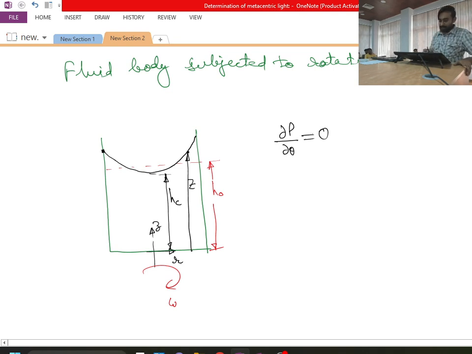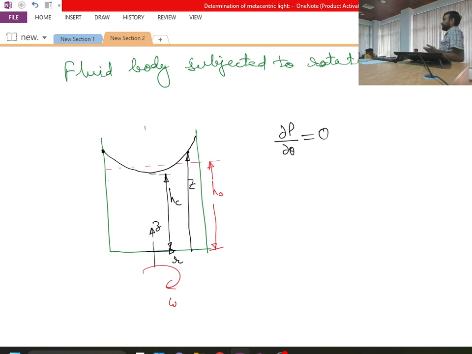Let me explain one by one. I have to analyze this situation in the cylindrical coordinate system. This is a two-dimensional view of the surface, but in reality it forms a three-dimensional surface. If you take a two-dimensional plane at any angle, everywhere you will find the same profile for a symmetric situation.